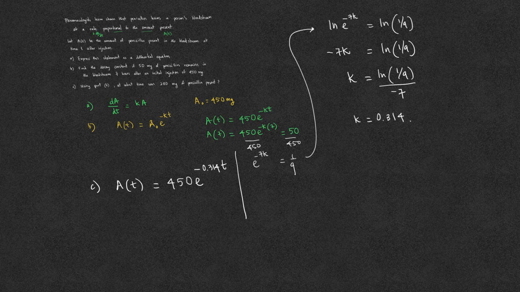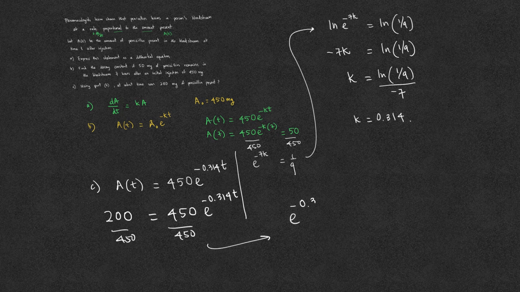This 200 milligrams is the amount at time t. We set it equal to the equation, and this time we will solve for t. We first divide both sides of the equation by 450 to get e to the negative 0.314 t equals 200 over 450, and then we ln both sides of the equation.